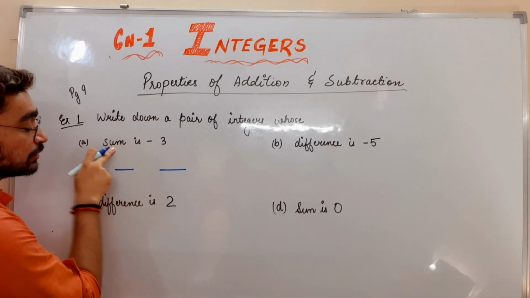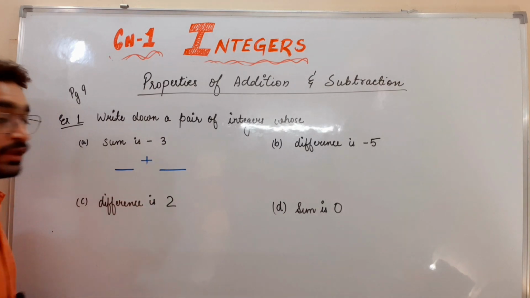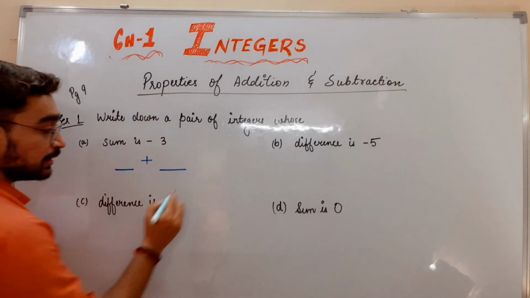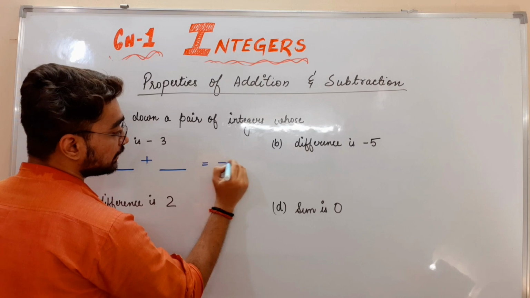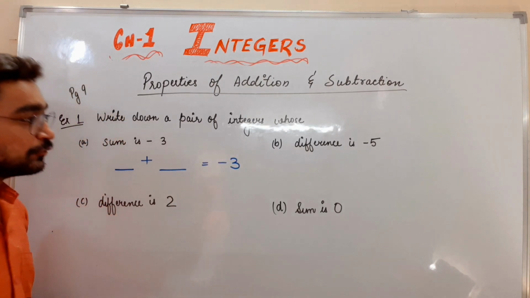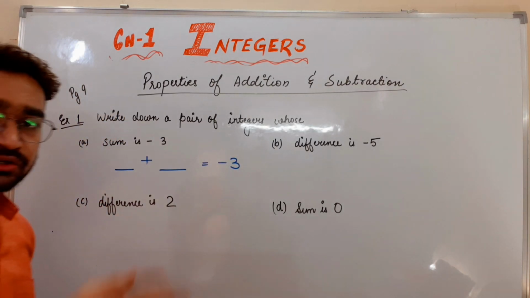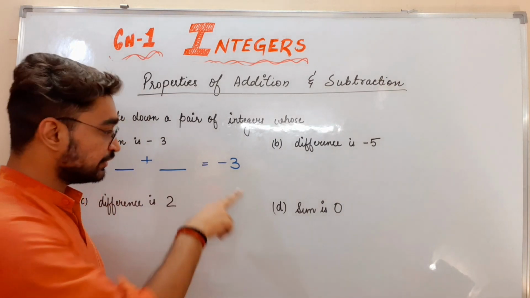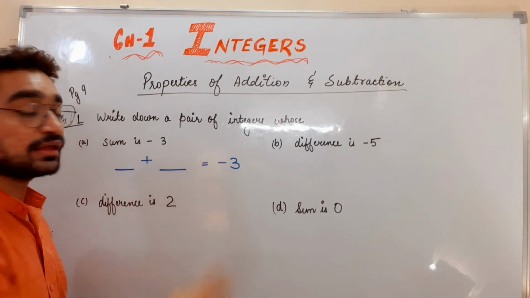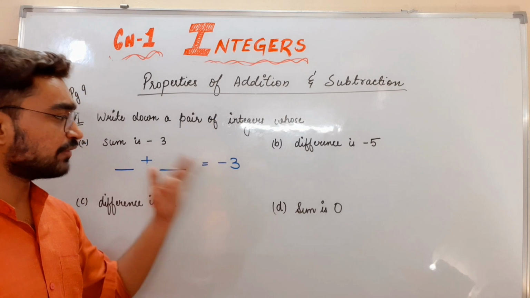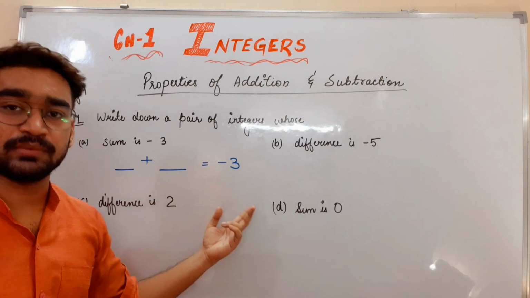If I want the sum, I put a symbol of sum here, and the result will be minus 3. First of all, you can imagine two numbers whose difference is coming as 3, or you can imagine two numbers whose difference is coming as minus 3.